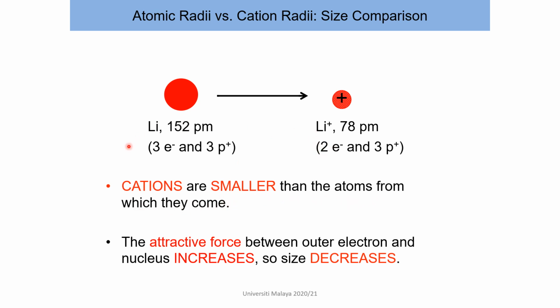So here you can see that lithium has a size of 152 picometers because lithium has 3 electrons and 3 protons, whereas the lithium ion has 2 electrons and still 3 protons. So these 3 protons will attract the valence electrons more. That's why the size of the cation decreases.